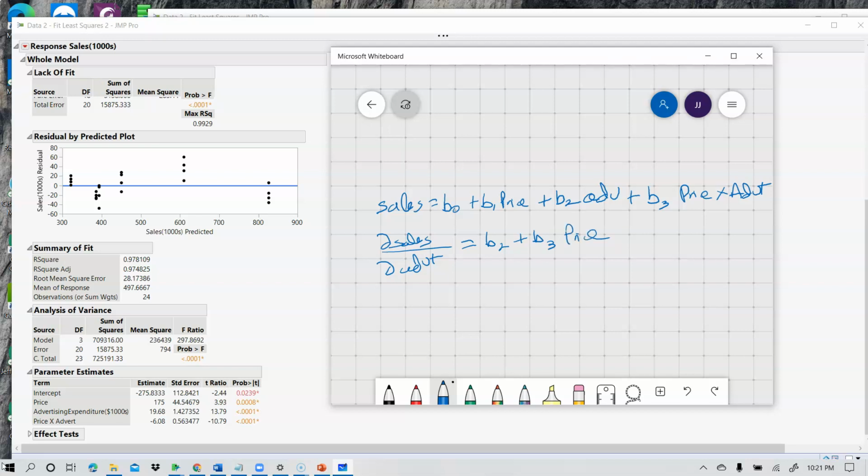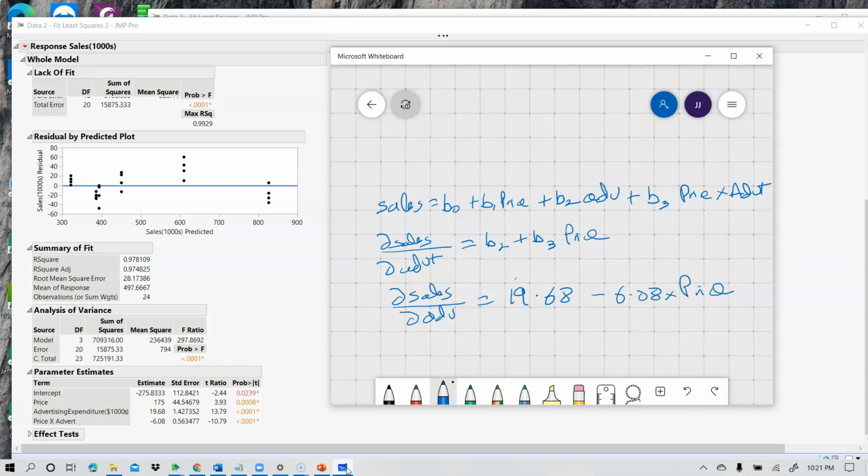So applying the context of a regression, what we just estimated is that the partial effect of ad on sales is essentially the coefficient of ad spending, which is 19.68, plus B3, and now B3 is our negative 6.08, so we have minus 6.08 times price.